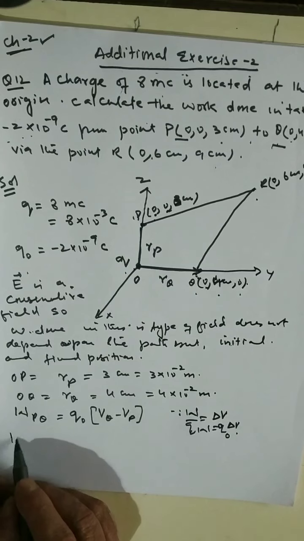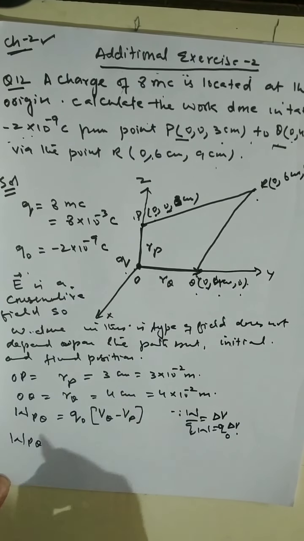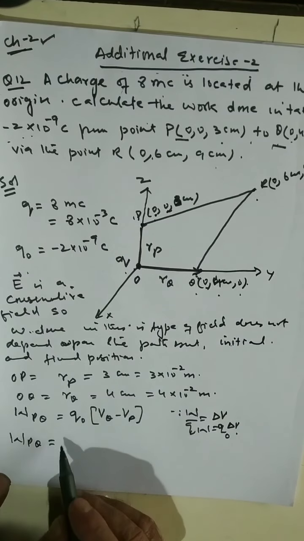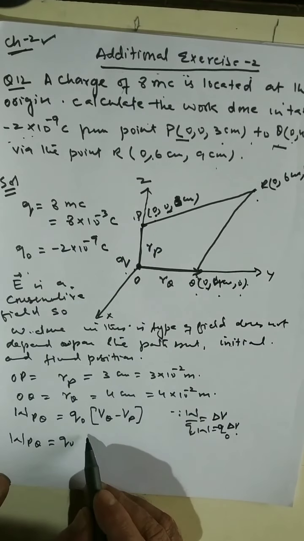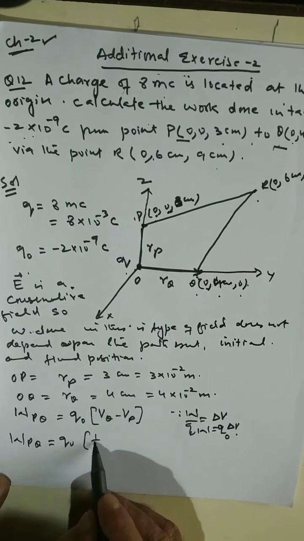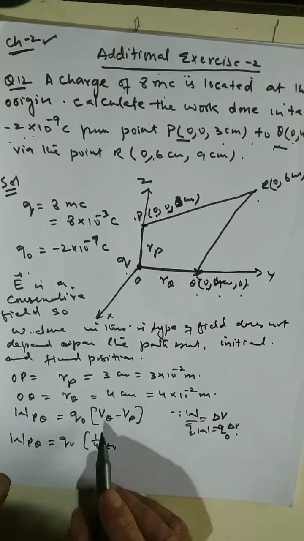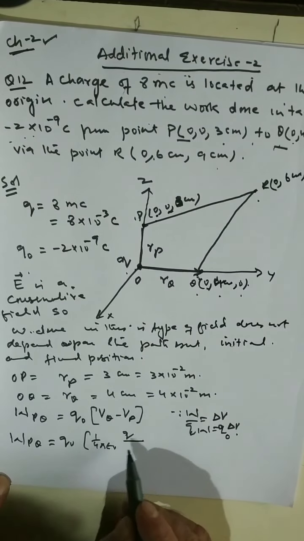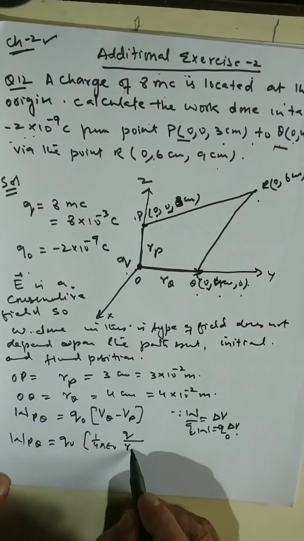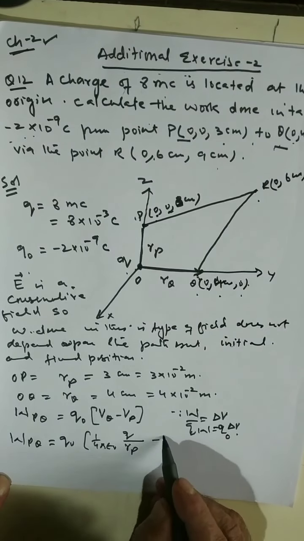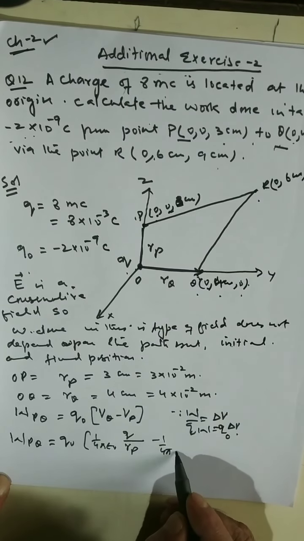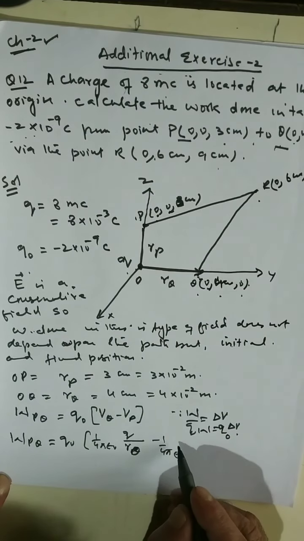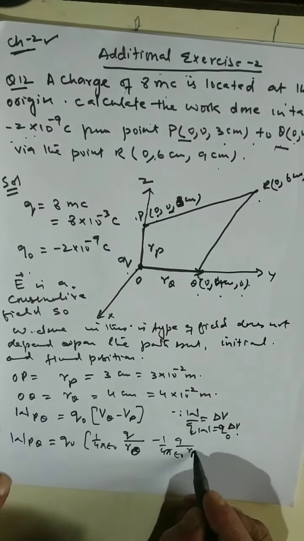Now W PQ is equal to q0 times, this is equal to 1 by 4 pi epsilon 0 Q by r square, that is rQ, minus 1 by 4 pi epsilon 0 Q by rP.